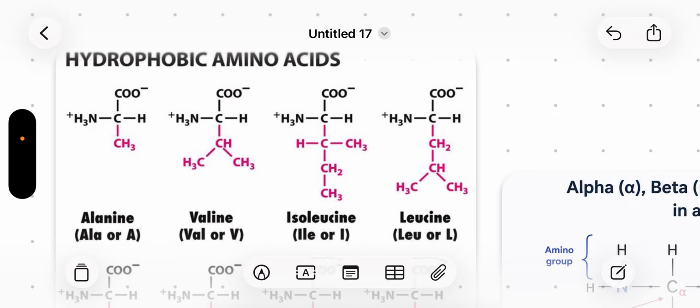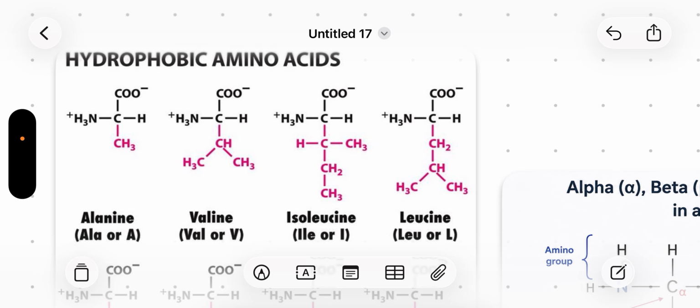We have many different types of amino acids. In all amino acids this backbone structure is common, and the only difference is in their side chain structure, which is represented in red here.